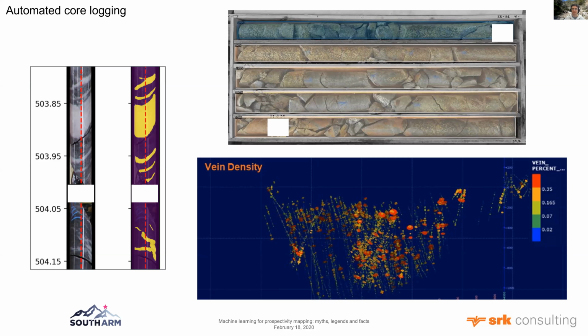Okay, here's another question from Mireia. Where does the core image come from? Core scan, e-logger? No, from a simple camera. It's not a hyperspectral camera or whatever. Any exploration or mining company should take good quality photos of their core as a quality process.